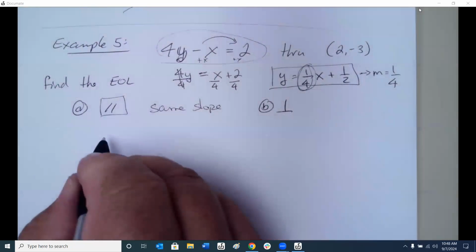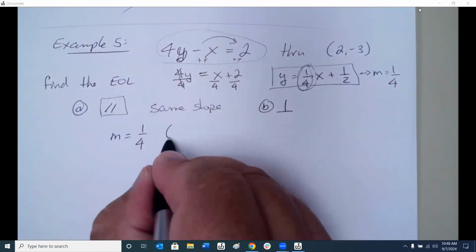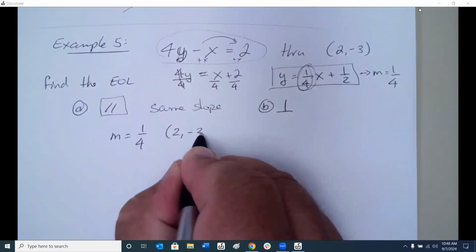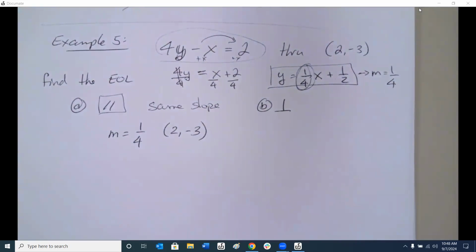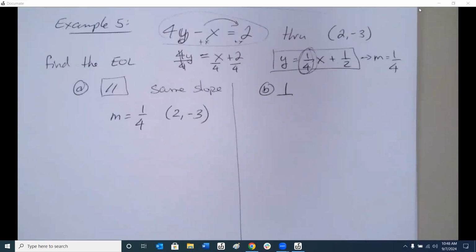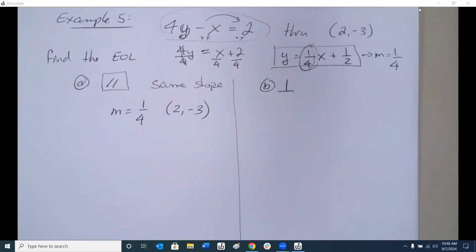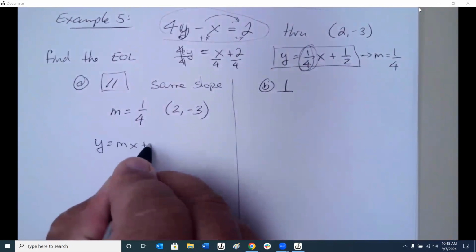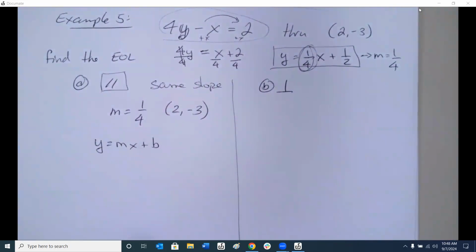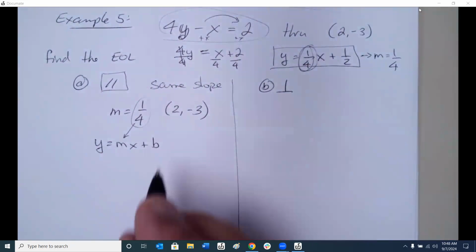So if it's parallel, my slope has to be 1 over 4, and it has to go through the point (2, negative 3). It has to be in this form. So my slope goes in there.